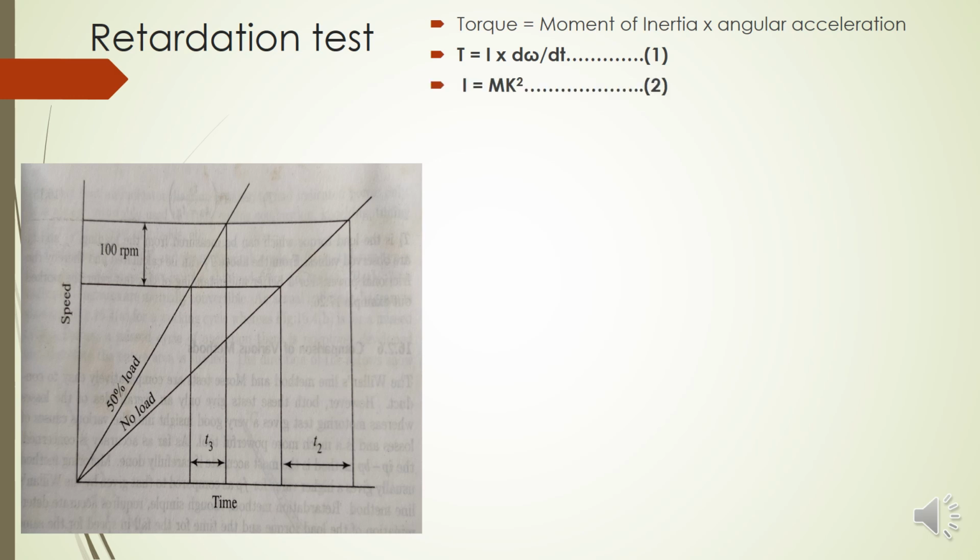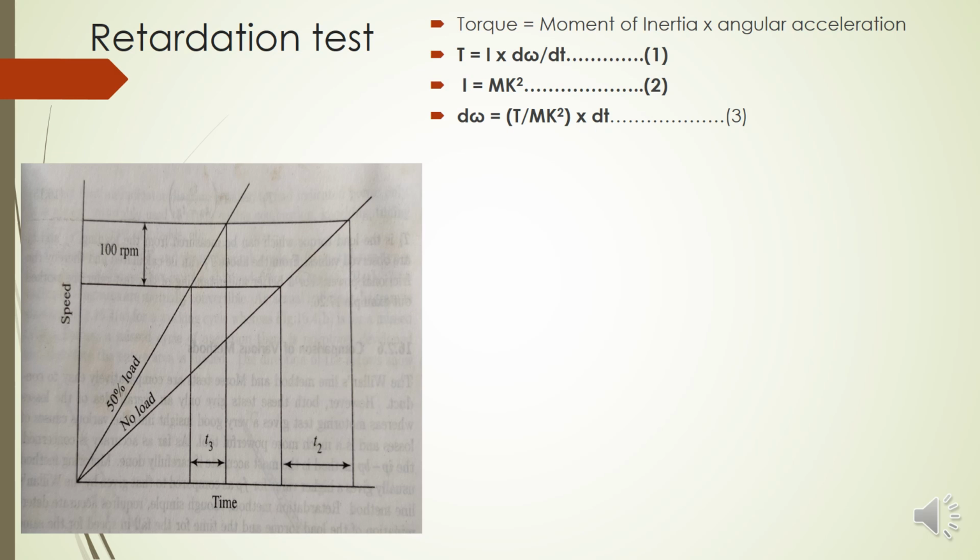Moment of inertia will be mass into radius of gyration squared, mk square. These are standard equations. Now you substitute 1 and 2 together and rearrange, and we get d omega is T by mk square into dt. So this is a differential equation.